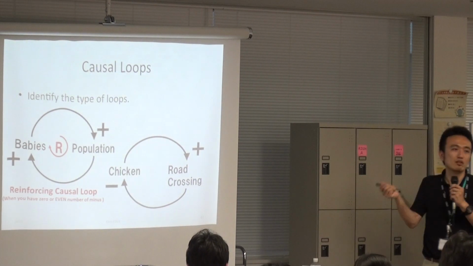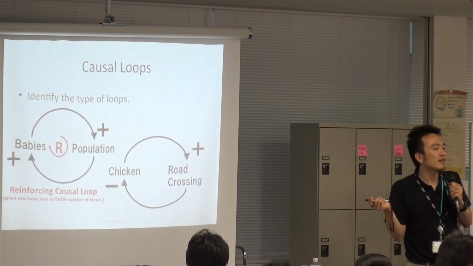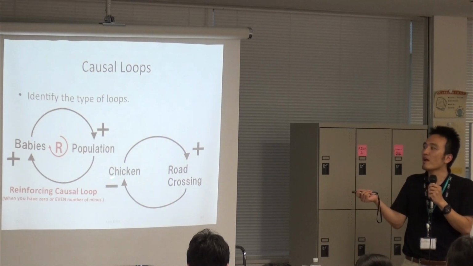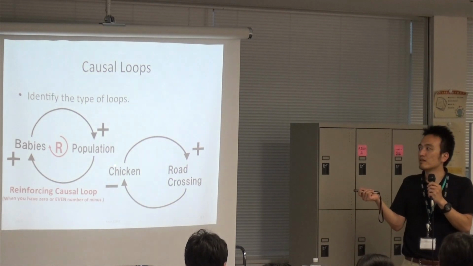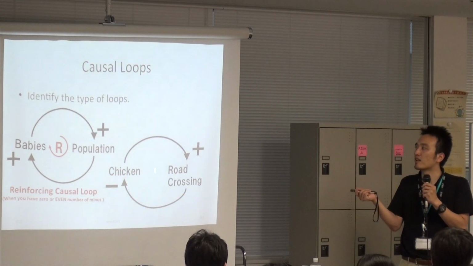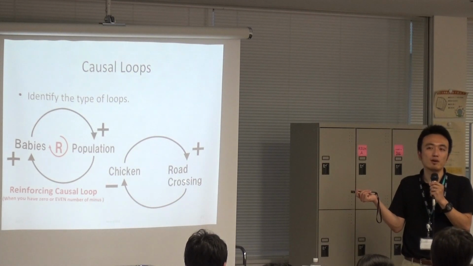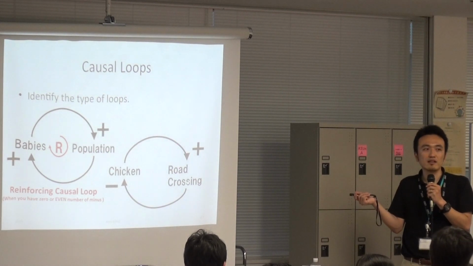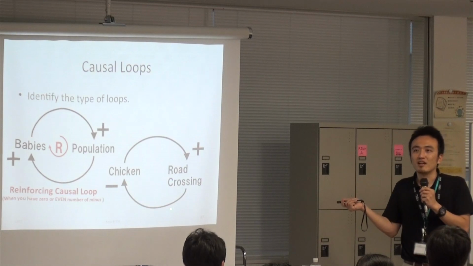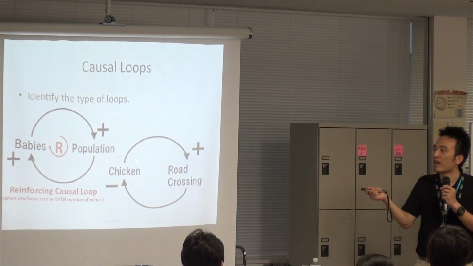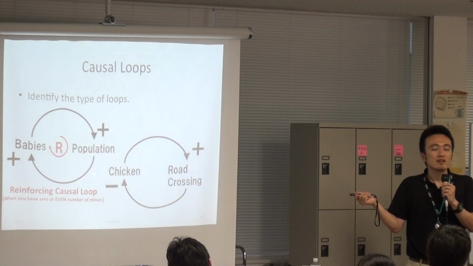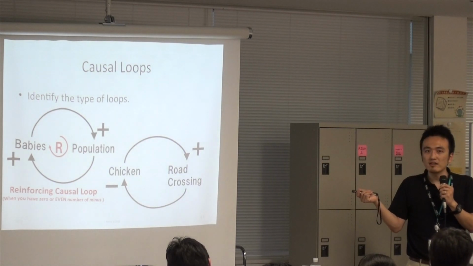Alright, so now we have a loop with a plus and a minus. Let's try a scenario. One day, the chicken number starts to decrease. What happens to the number of chickens that try to cross the road? Decrease, right? You have a decrease in the brave chickens. And then what effect does that have on the chickens? It increases, right?